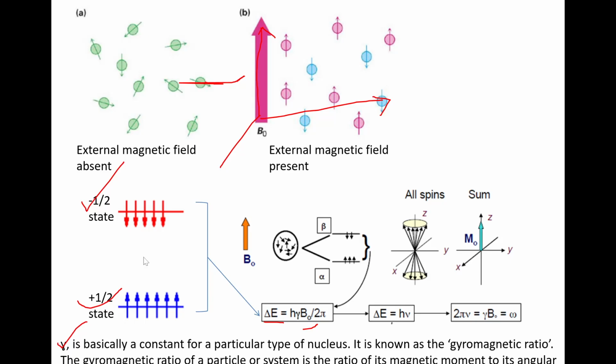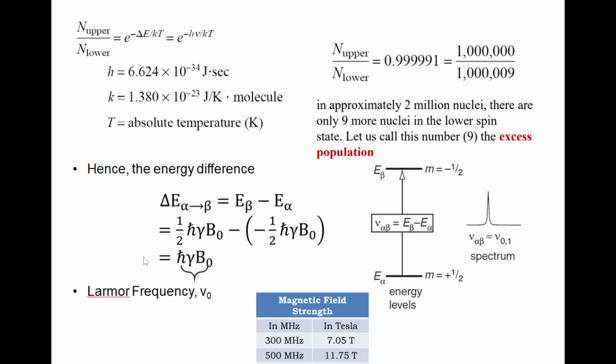So from here, let me go to this slide. These quantum states, between the plus half state and the minus half state, determine how many nuclei are following the plus half state and how many nuclei are following the negative half state.